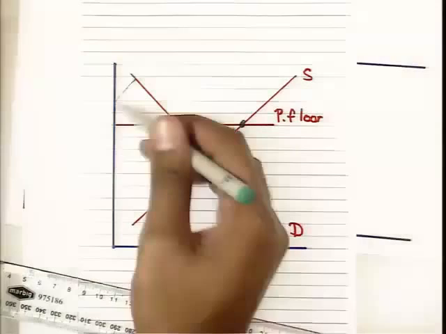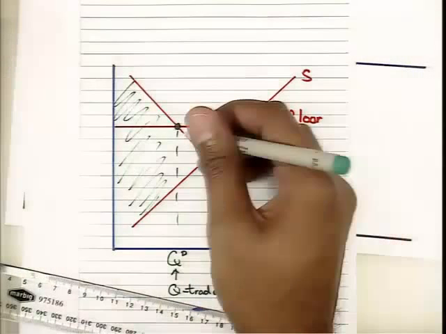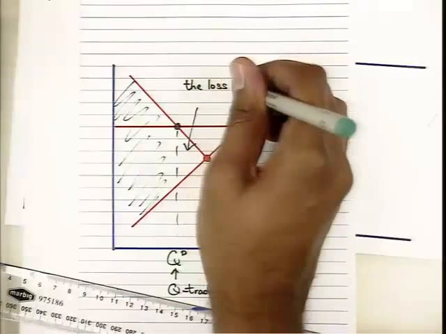So again, we've managed to decrease total surplus. The loss in total surplus is called a deadweight loss.